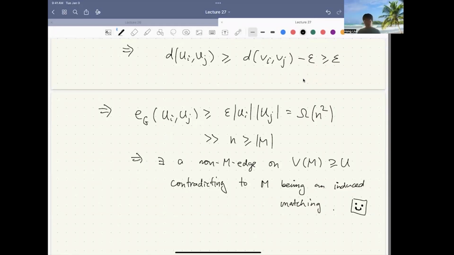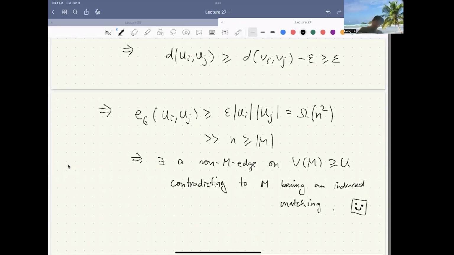Okay. Any question? Okay. If there's no question, this is all I want to talk about for the induced matching theorem.